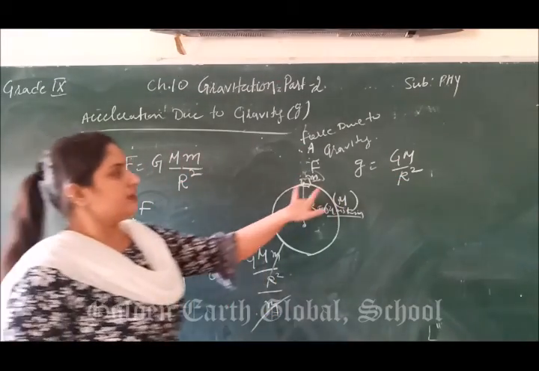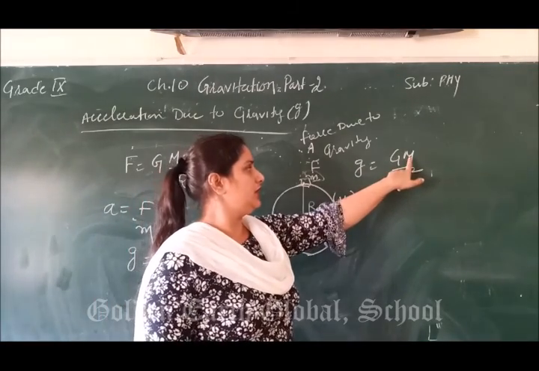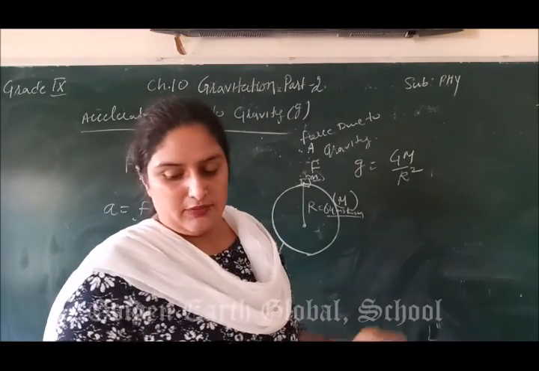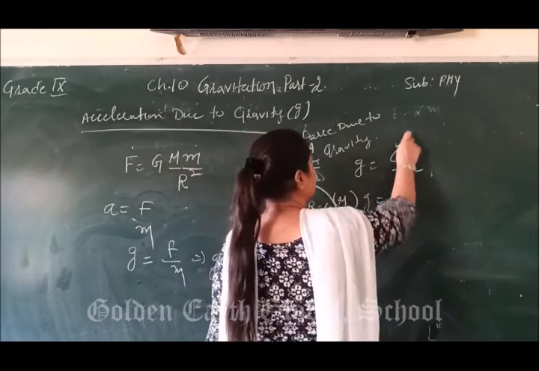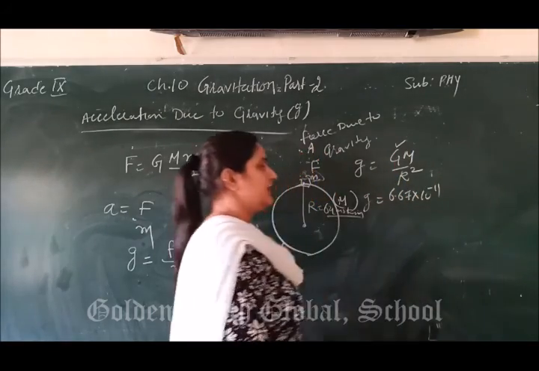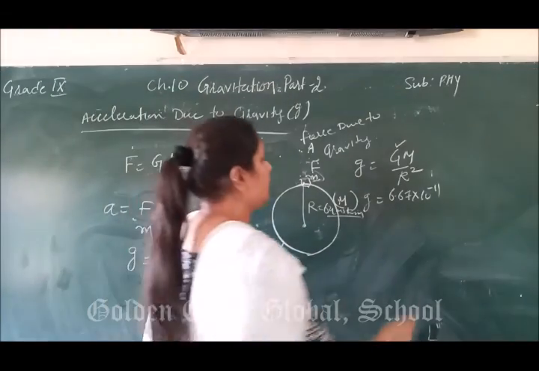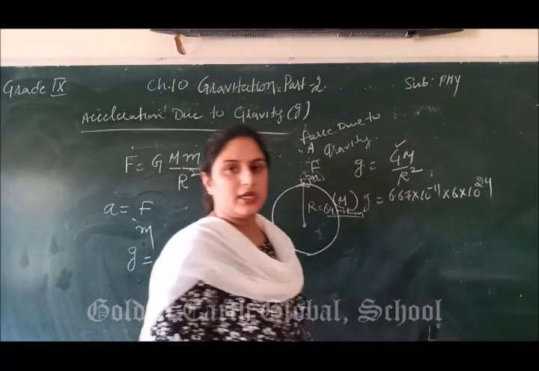Now acceleration due to gravity is equal to capital G into capital M upon capital R square. If you put the values here, capital G is 6.67 into 10 raised to power minus 11 newton meter square per kg square, and the mass of the earth is 6 into 10 power 24 kg.